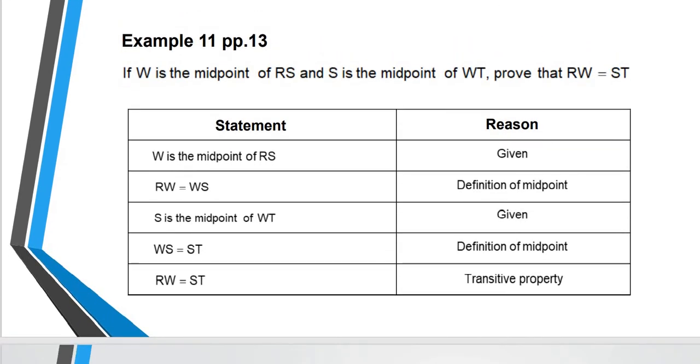Okay, another example. This is taken from the book, example 11, page 13. If W is the midpoint of RS, okay, let me draw this. So this is R, this is S, and W is the midpoint, and S is the midpoint of WT.